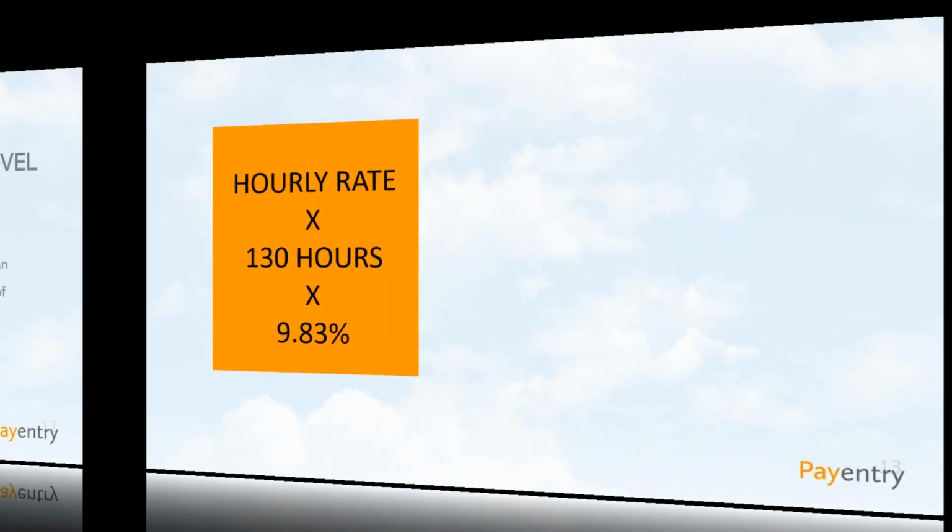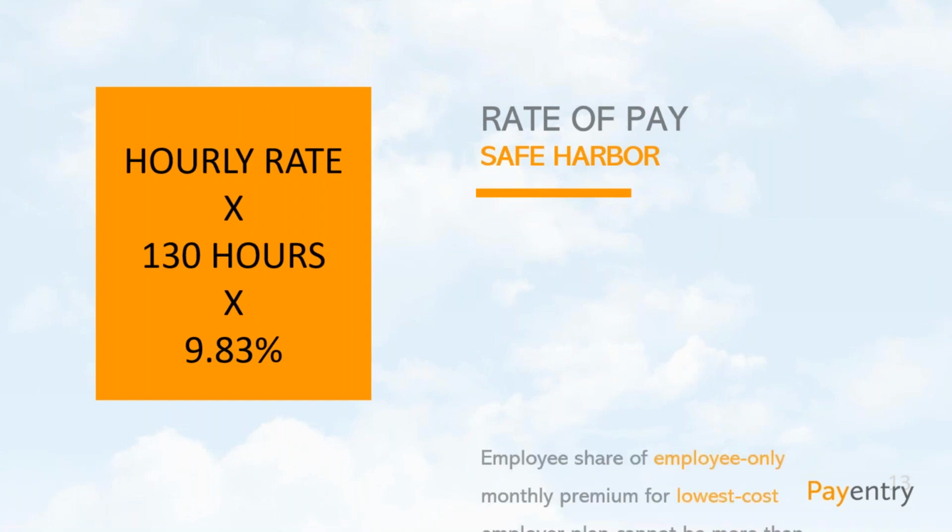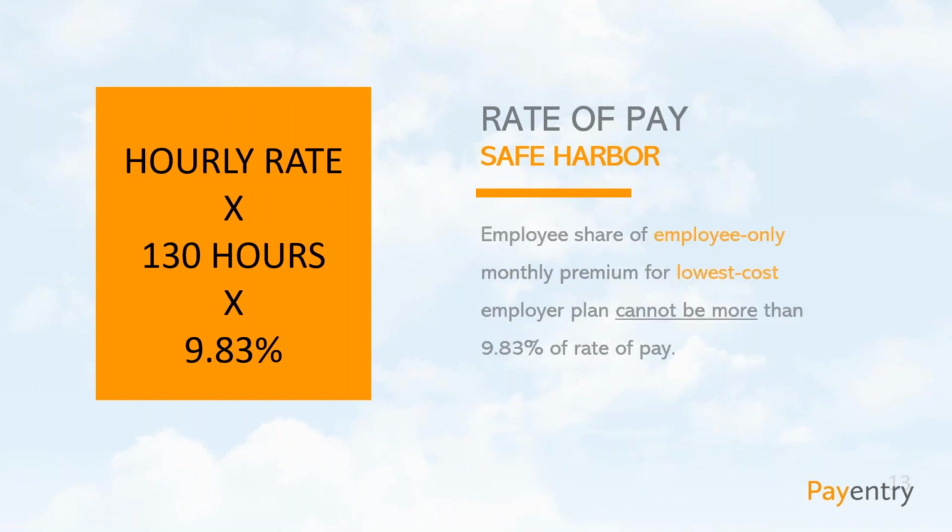The next one we're going to look at is the rate of pay safe harbor. This is where the employee's share of, and we're always looking at the employee-only monthly premium, if their share of that monthly premium for your lowest cost plan is under 9.83% of their rate of pay, and that means their hourly rate or their annual rate. If it's less than or equal to 9.83%, it would be considered affordable under the rate of pay.